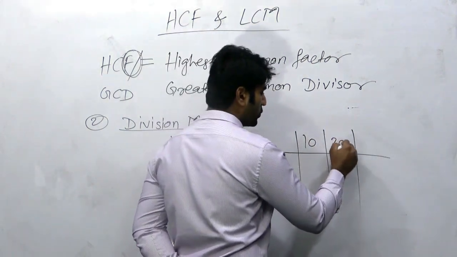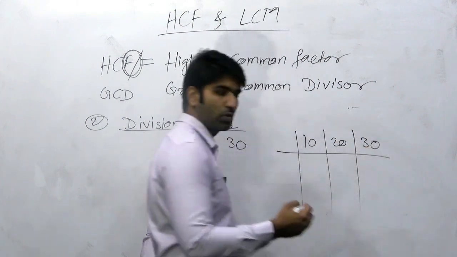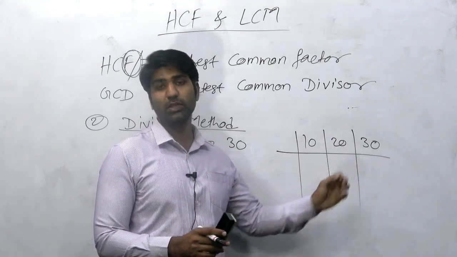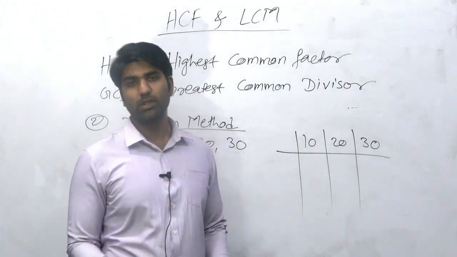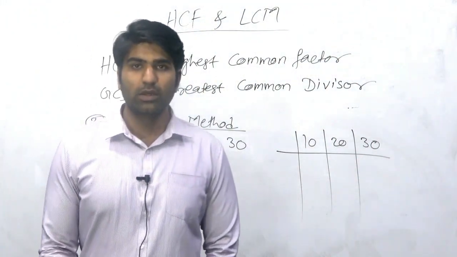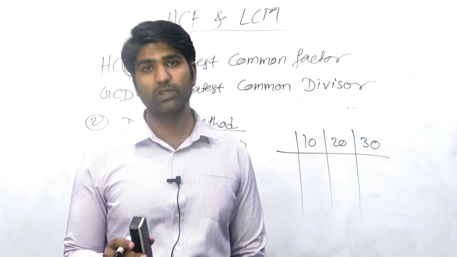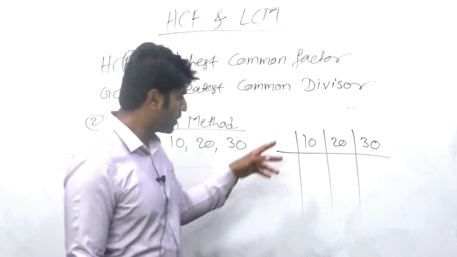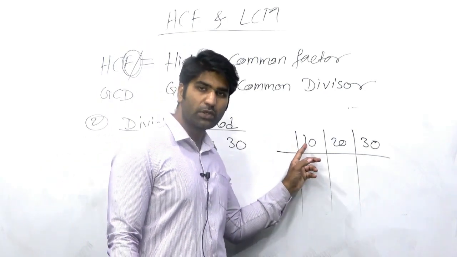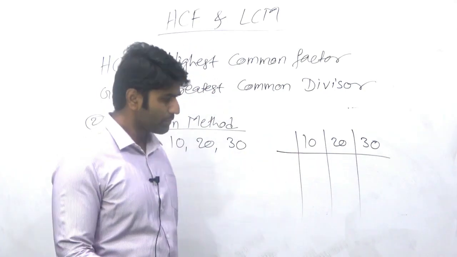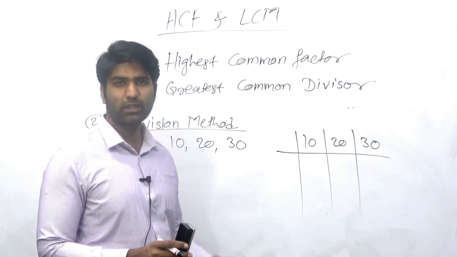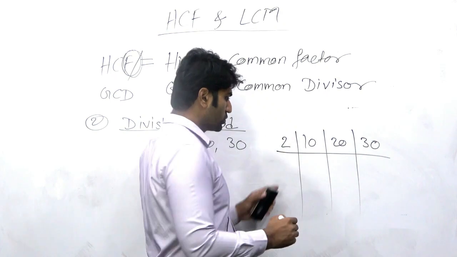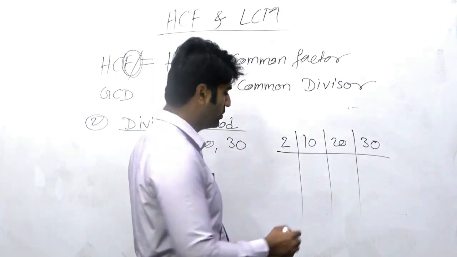The definition is that HCF is a number which can divide all the given numbers. So we want a number which can divide all the given numbers. Always start with a smaller number. Let's take 2.